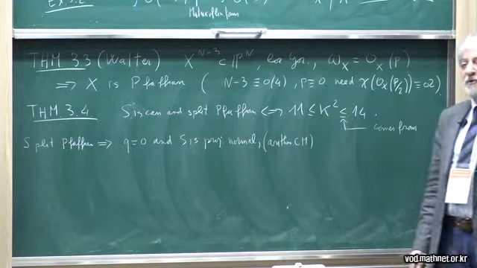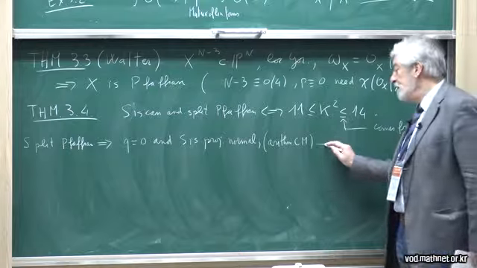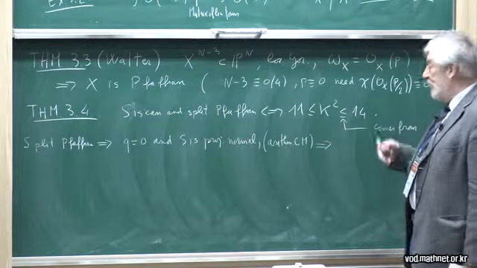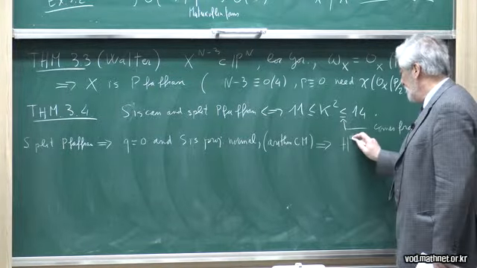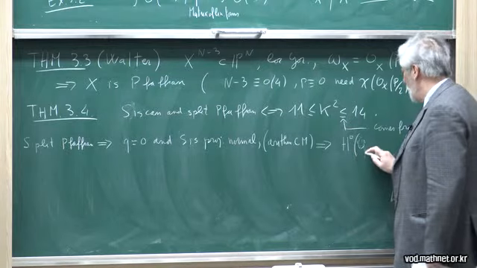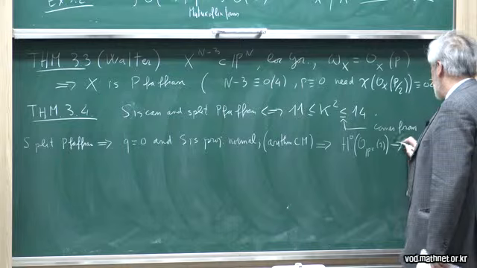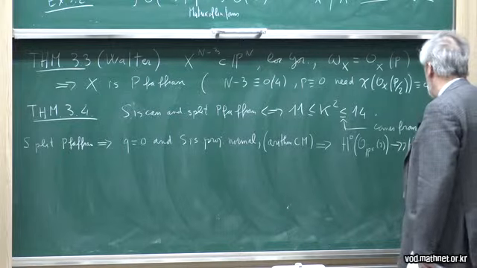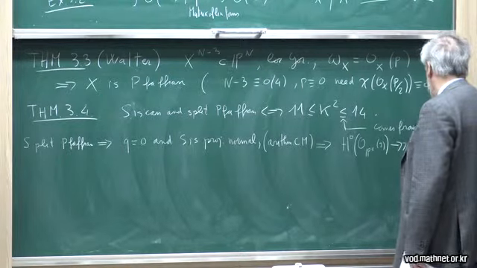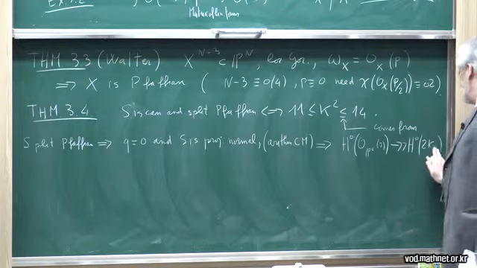Now, if it's projectively normal, this implies the surjection of H0 of O P5(2) onto H0 of 2K_S.